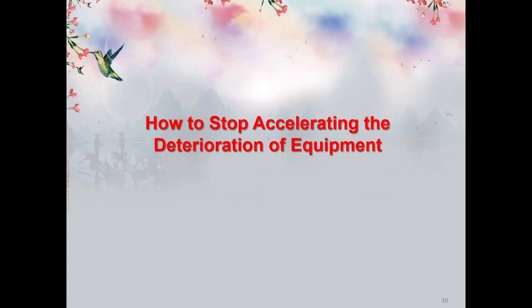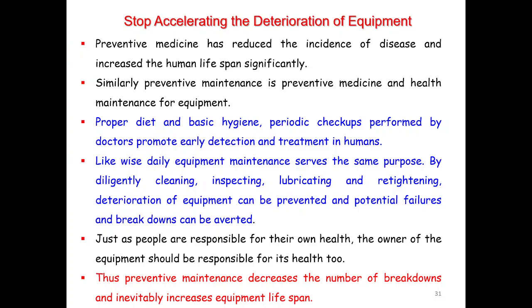Now let's see how to stop accelerating the deterioration of equipment. As all of you know, prevention is better than cure. Preventive medicine has reduced the incidence of diseases and increased the human lifespan significantly. Similarly, there is preventive medicine, health monitoring and maintenance for equipment. Proper diet and basic hygiene and periodic checkups performed by doctors promote early detection and treatment in humans.